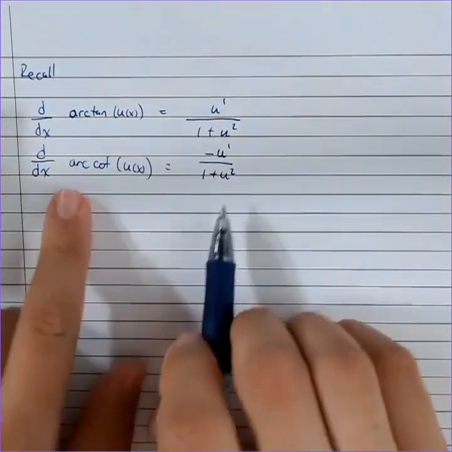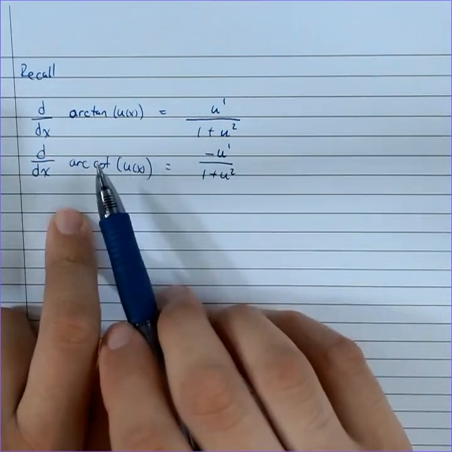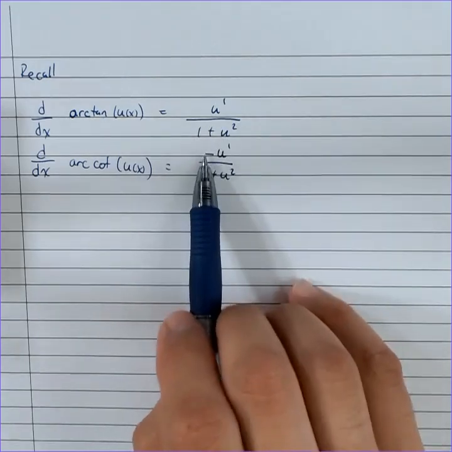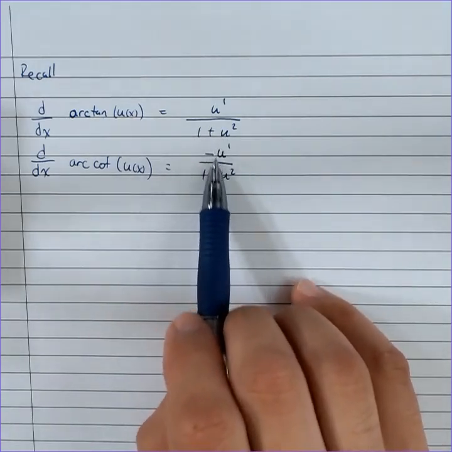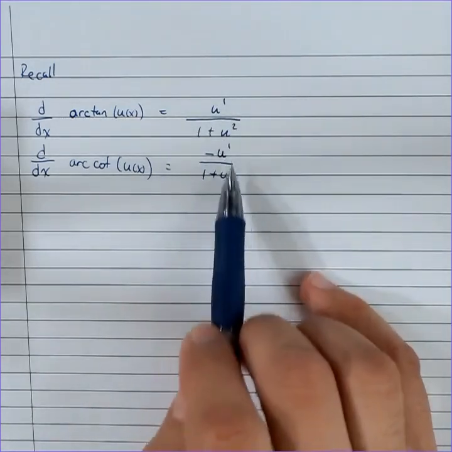So the antiderivative of this is this. Notice these two are almost exactly the same, except this has a negative 1 constant being multiplied in. If I multiply this by negative 1, it would give me that.